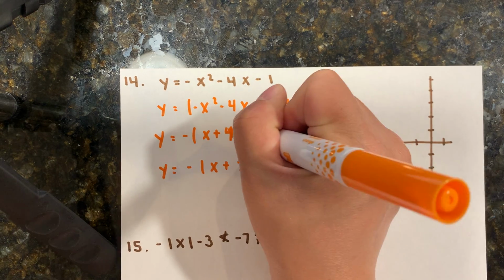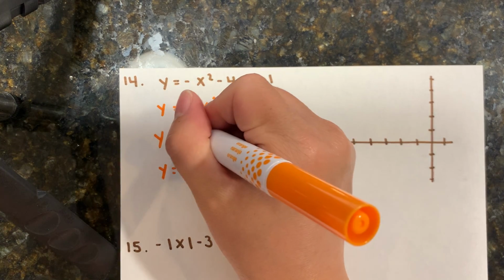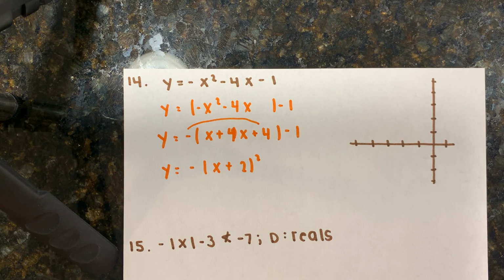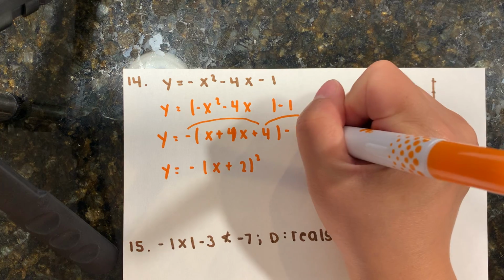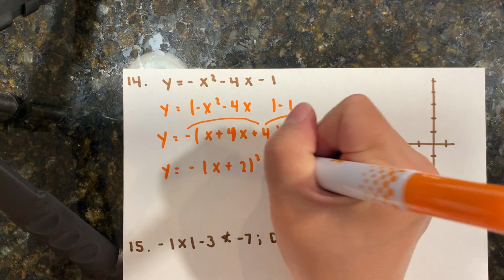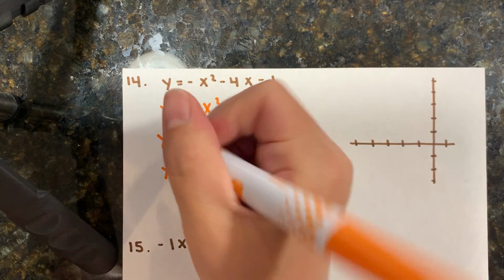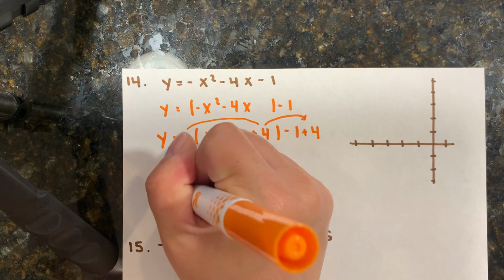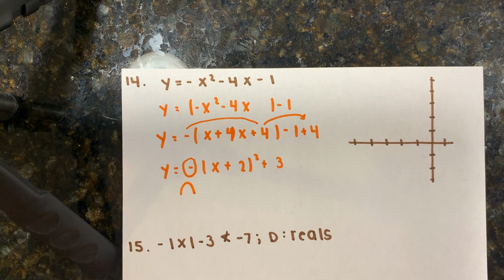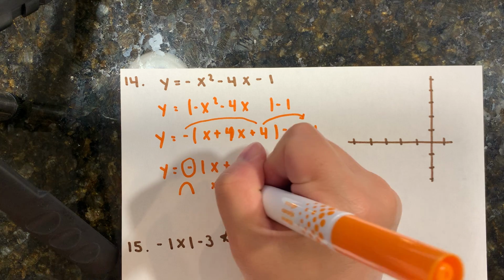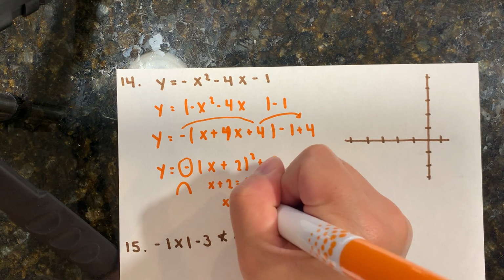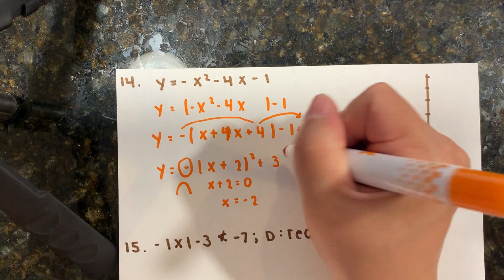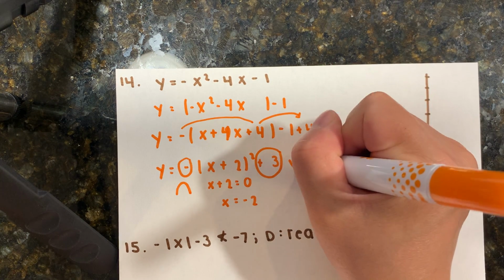When I square that, it's going to be +4, but don't forget this is actually a -4 because of the factored out minus sign. So I'm actually going to do the opposite of -4, which is to add 4. This tells me that the parabola is going to be a sad face. The x plus 2 equal to 0 tells me that the axis of symmetry would be at -2. And the +3 is going to be your vertex.